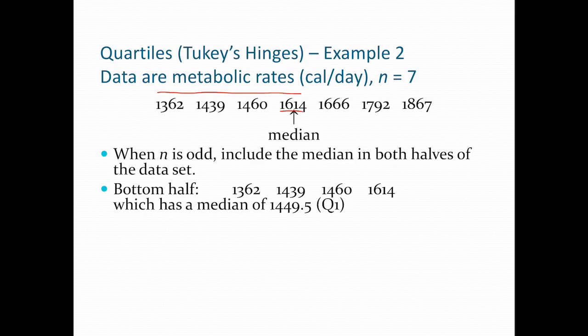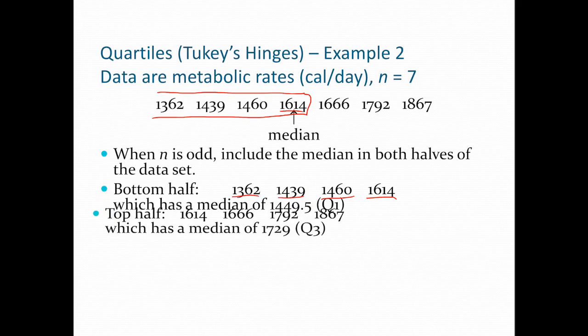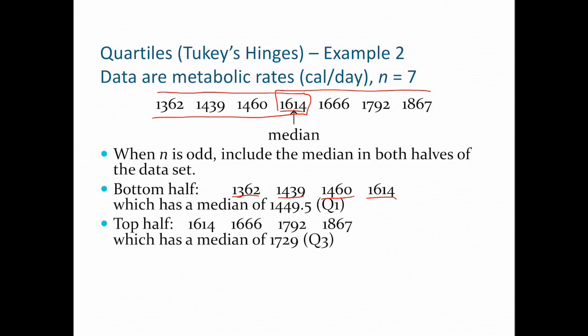So our first half of data looks like this, shown here: 1362, 1439, 1416, 1614. And then our second half of the data includes the median in this part, so it's going to be from 1614 all the way to 1867. That's going to be your Q3.